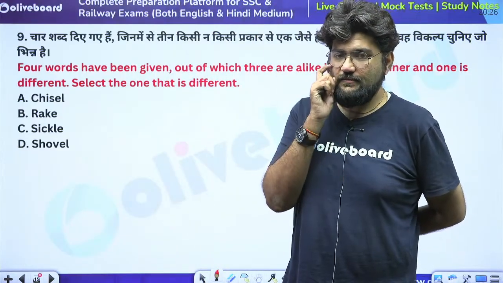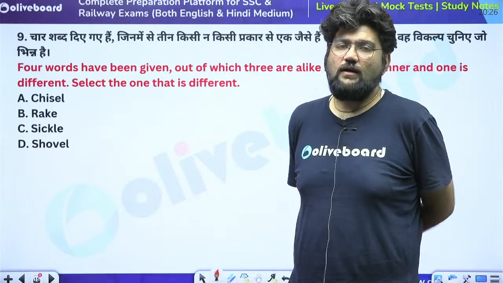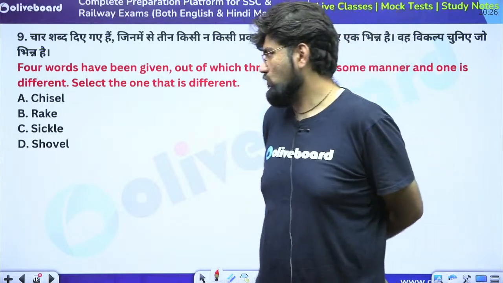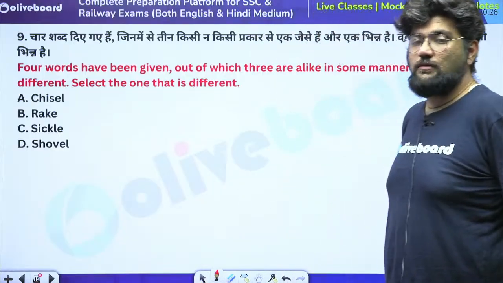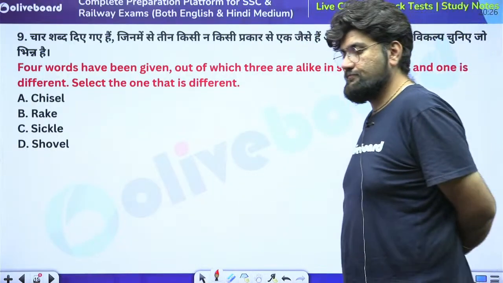Take a guess, take a guess. What do you think? One thing definitely is for sure, you guys know that these are tools, okay? But can you think of places where you use these tools or the person who may use these tools?